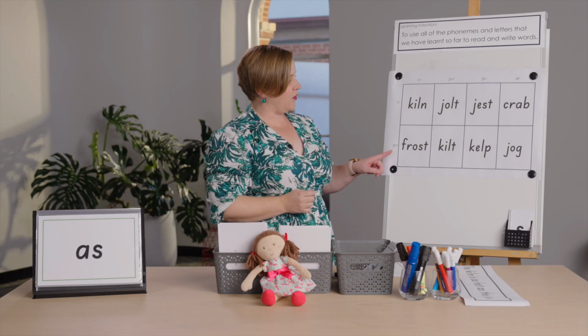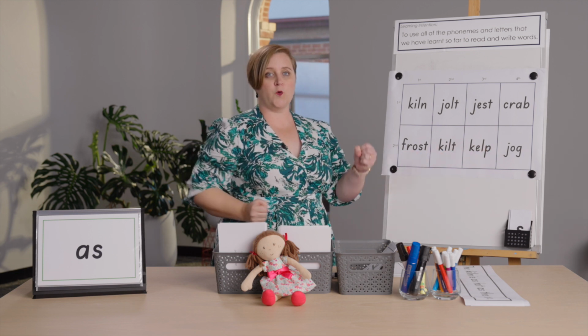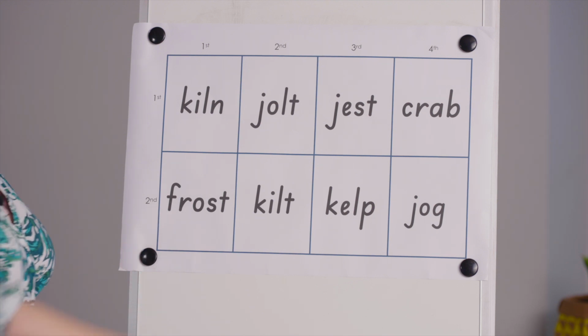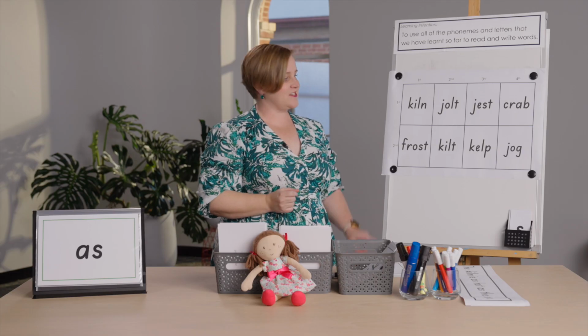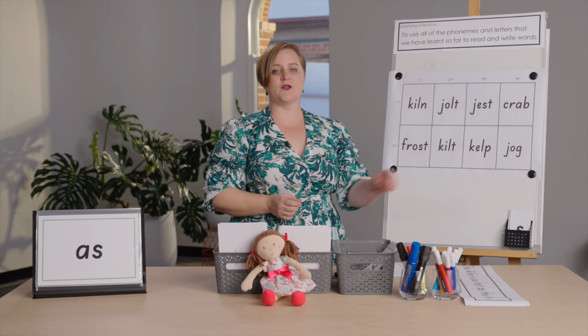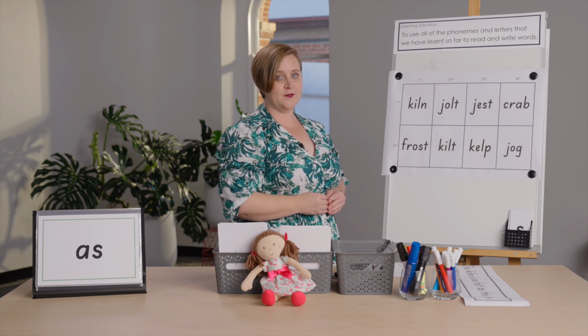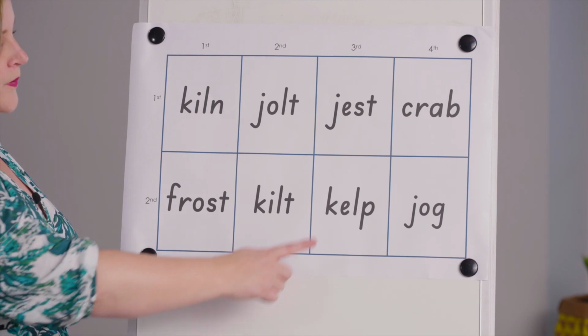In the second row, can you point to the word that means a slow run? Did you find it? Did you point to jog? Great job. In the second row again, can you point to the word k-e-l-p?